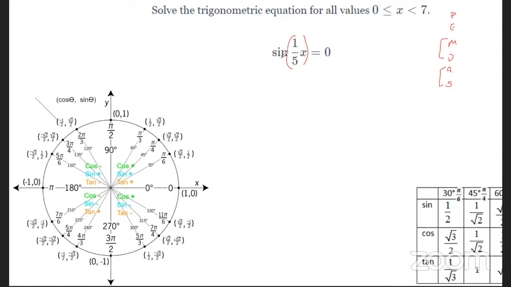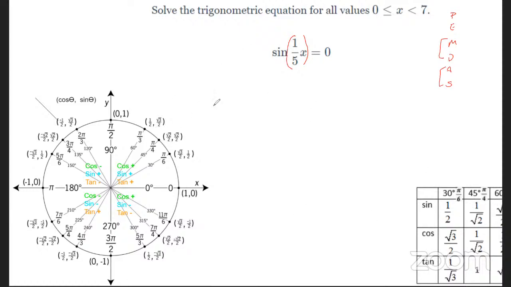All right, so what is sine of 1/5 x equals 0? Well, that's easy. We just need to know the sine of what angle. No, our angle is not x. Our angle is 1/5 times x. The sine of what angle is 0? So that is actually not on our chart here. So it's not going to be 30, 45, or 60.